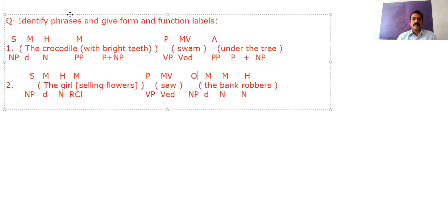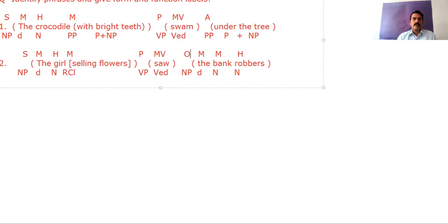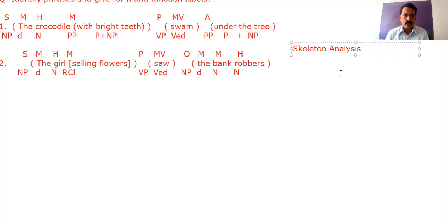Now let us try drawing a tree diagram of one of the phrases. We will choose this phrase, the girl selling flowers, in order to draw a tree diagram. Skeleton analysis, which is what it is called. So as we have already gone through, skeleton analysis starts with the function of the phrase.